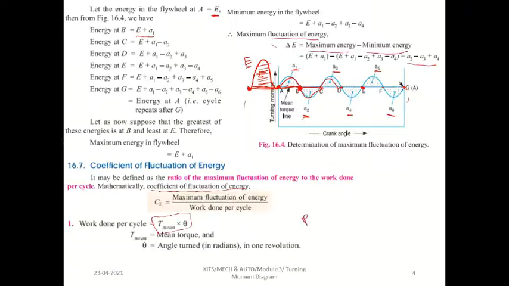For that, one more formula is there: power equals 2 pi N T by 60, or power equals omega into T, where 2 pi N by 60 is omega, the angular velocity. Now T means power by omega.